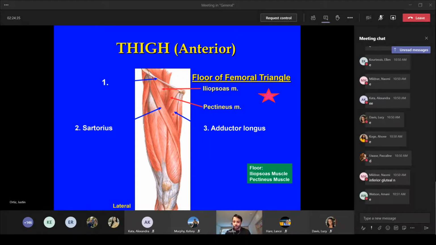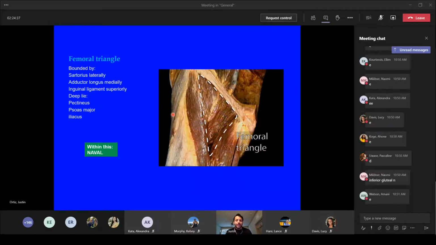Those are important. Okay. Same thing over here. If I wanted to identify this on a cadaveric image, I would see, okay, this is the inguinal ligament. So I know this is the superior portion of the femoral triangle. This is going to be your sartorius. You can't see the whole thing, obviously, but it's going to be eventually going down. And this would be your adductor longus, right?